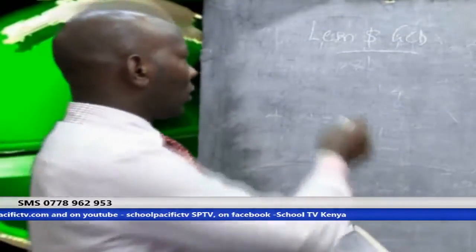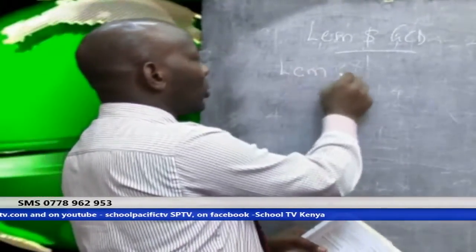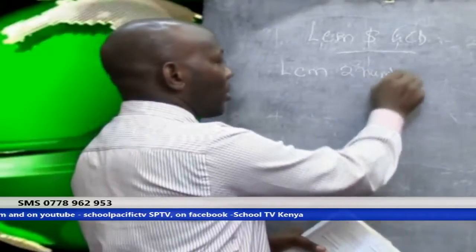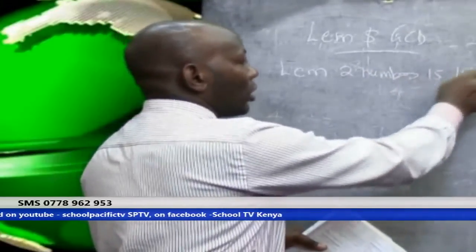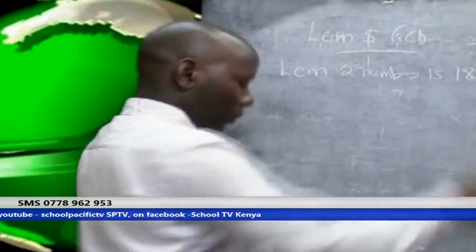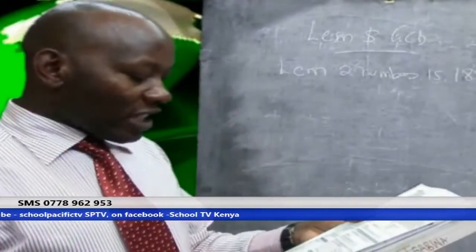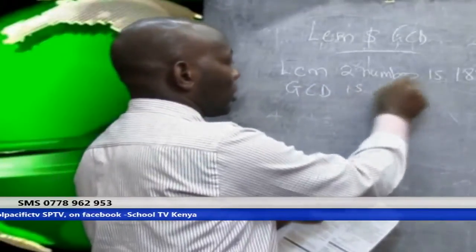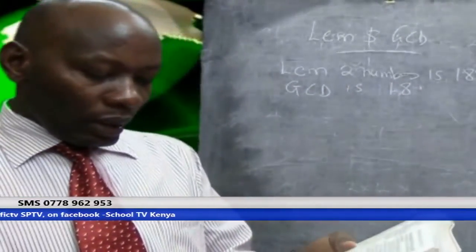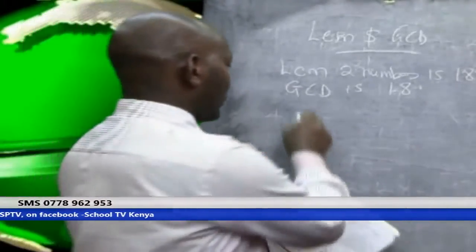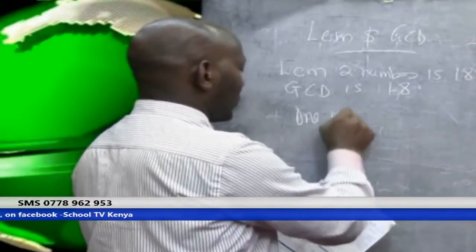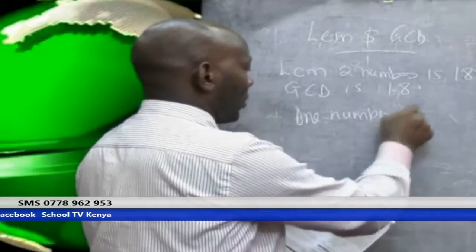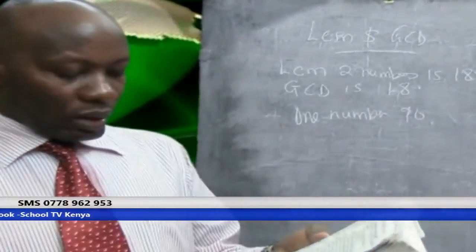So the question is, the LCM of two numbers is 180, and the GCD is 18. If one of the numbers is 90, calculate the other number.